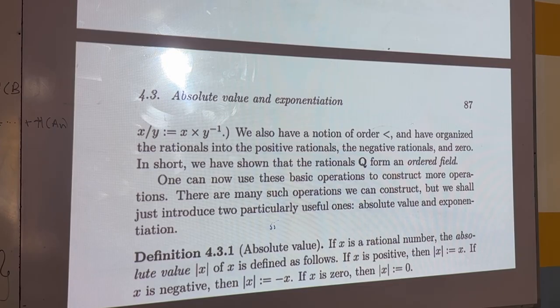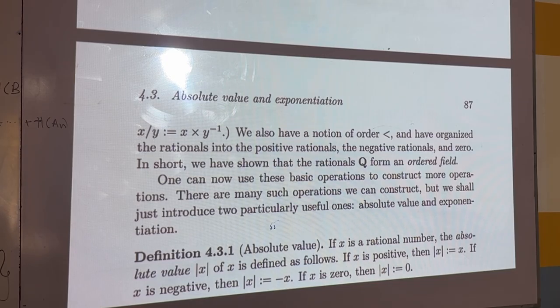There are many such operations we can construct, but we shall just introduce two particularly useful ones, absolute value and exponentiation. For those of us interested in analysis, absolute value is very important.